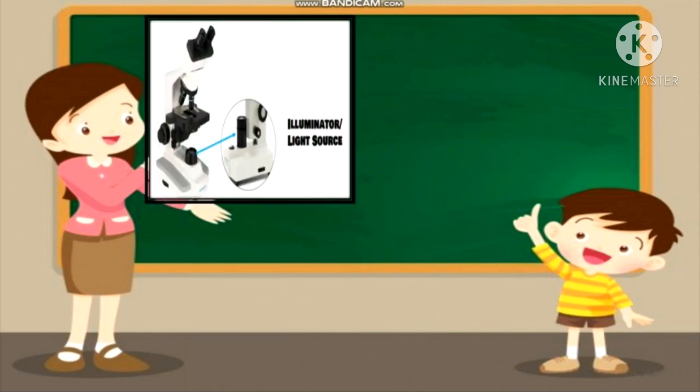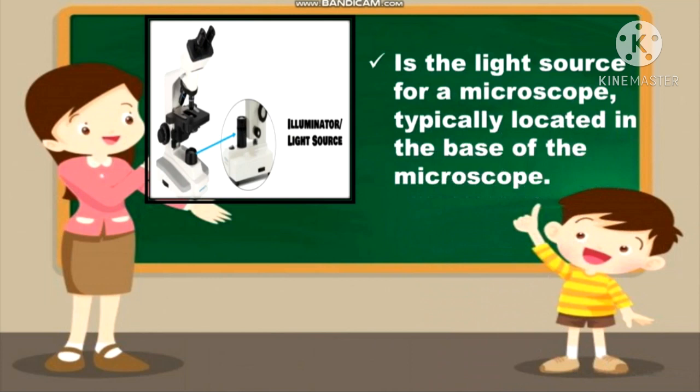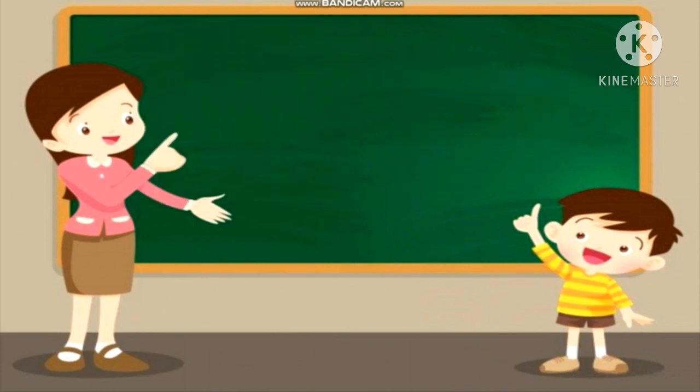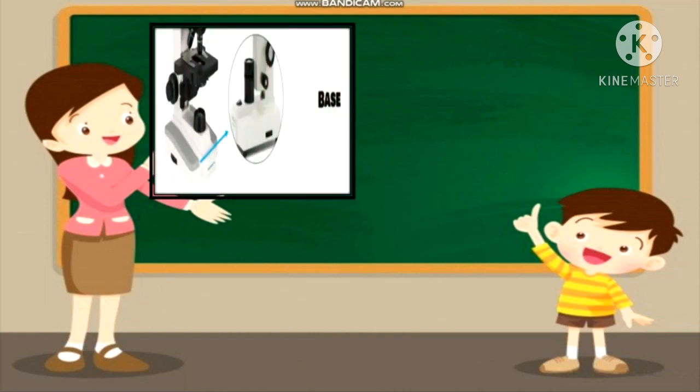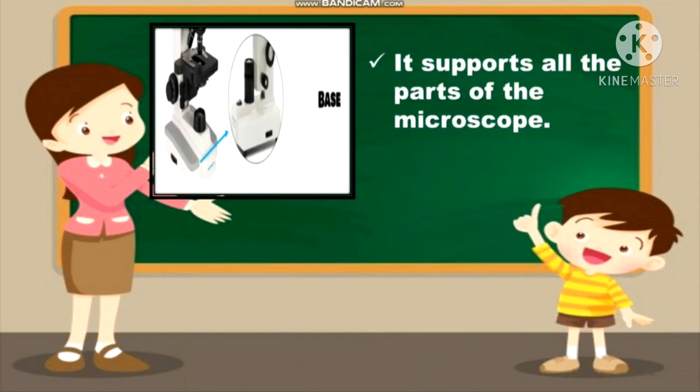The next, we have here illuminator or light source. It is the light source for a microscope, typically located in the base of the microscope. And then the last part, we have here the base. Base is very important in all parts because it supports all the parts of the microscope.